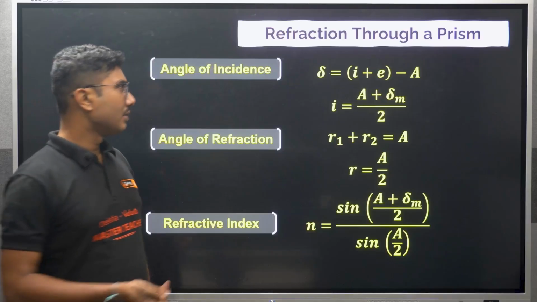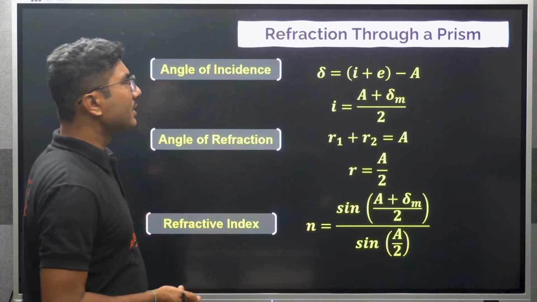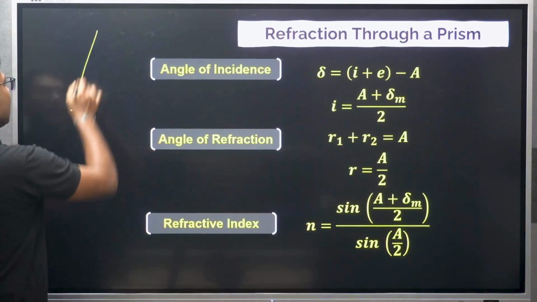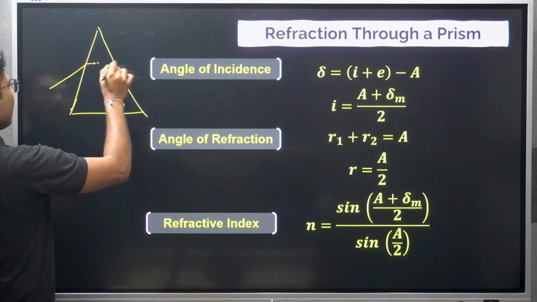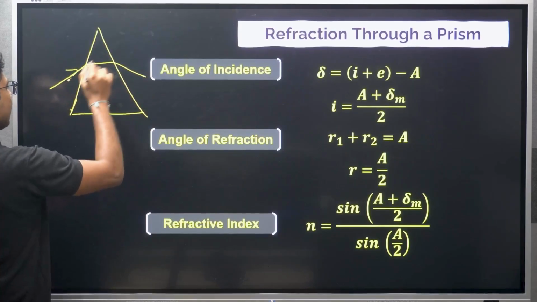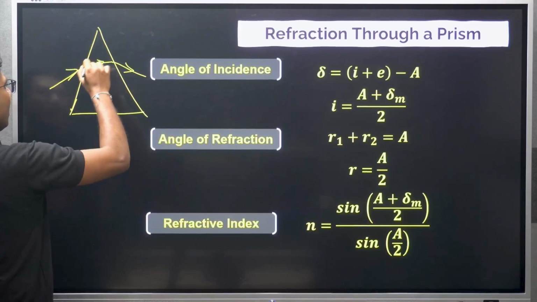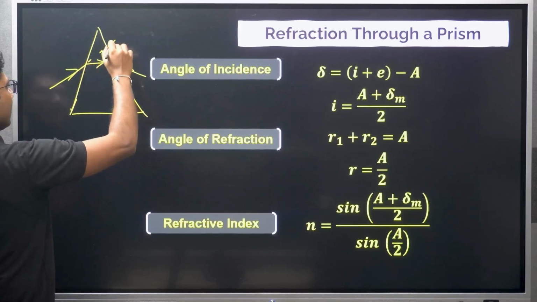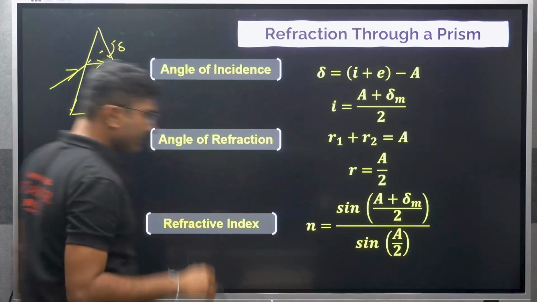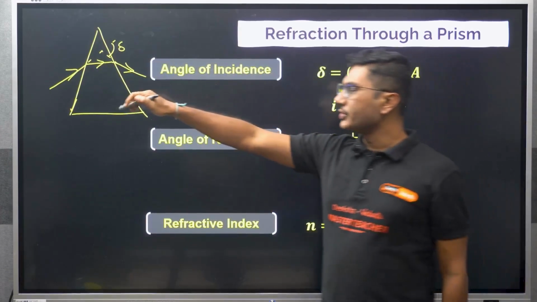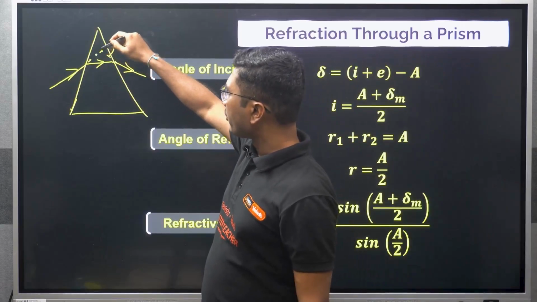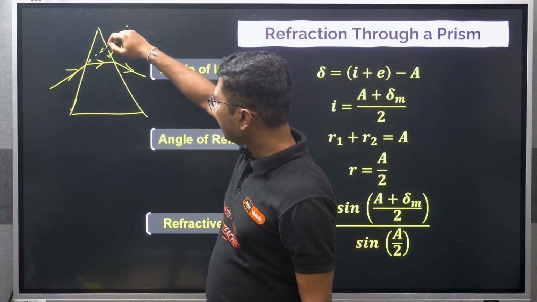Power will be added. Now refraction through a prism. When a light ray passes through a prism, it suffers something called a deviation. The ray deviates from its original path. This was its original path and it deviates to a different direction.